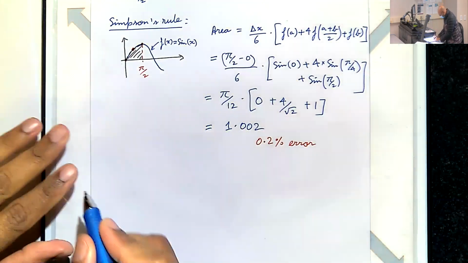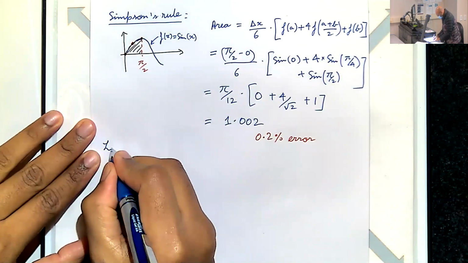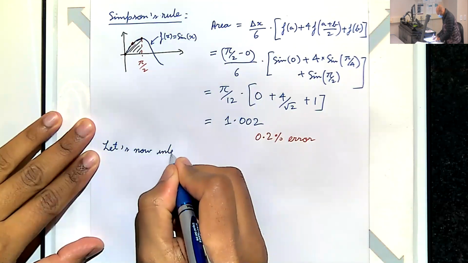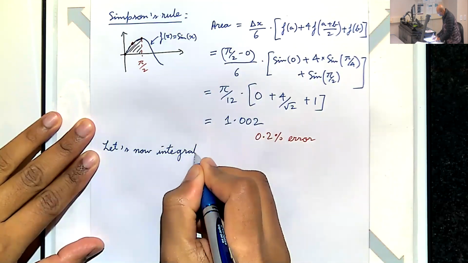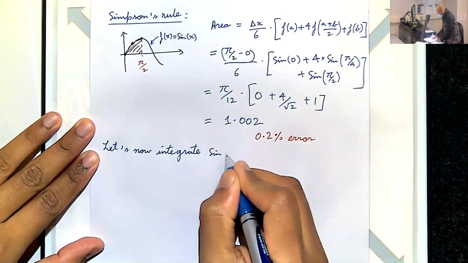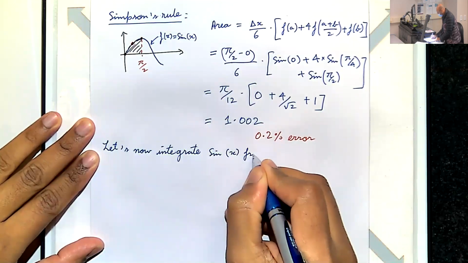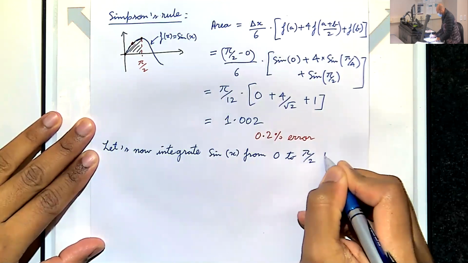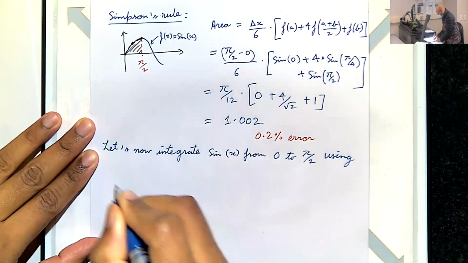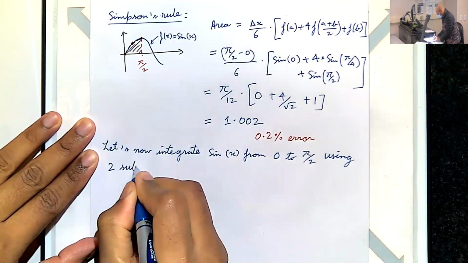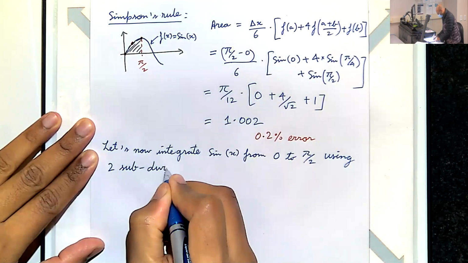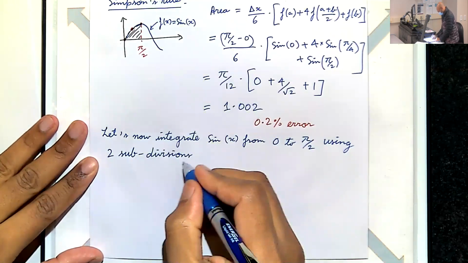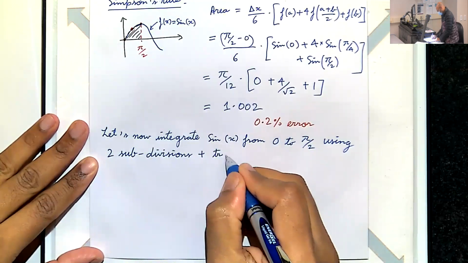All right, so let's now integrate sin x from 0 to pi over 2 using 2 subdivisions, and the trapezoidal rule.